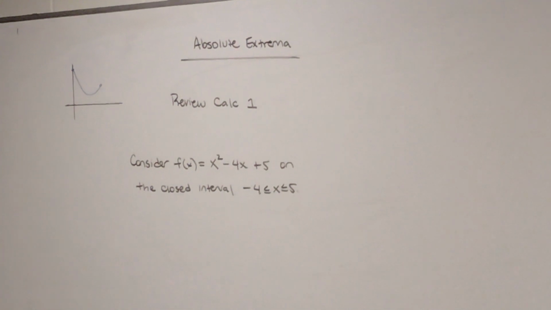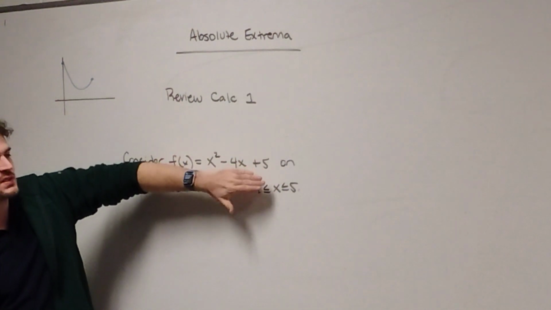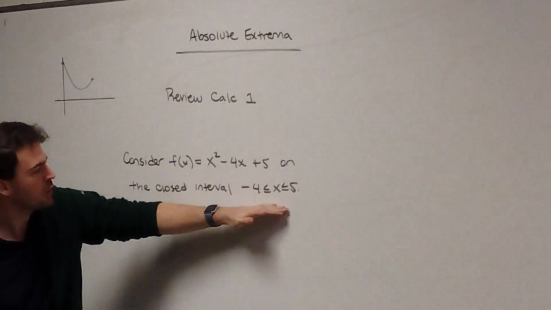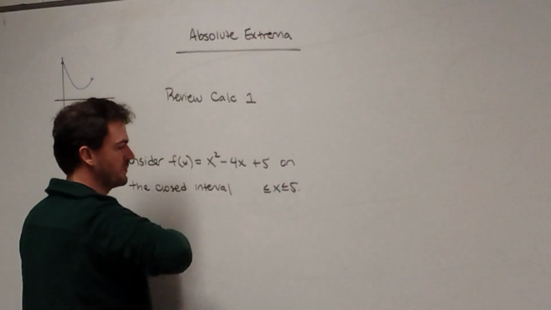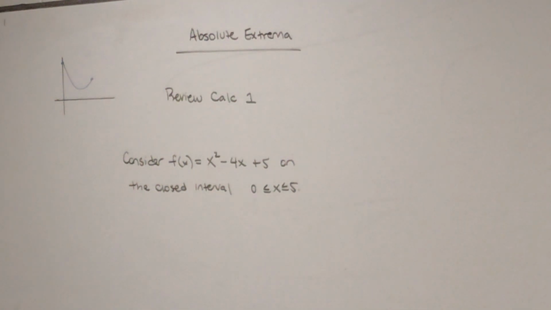So it says, consider some function f of x. And now the only thing that makes this different than what we were doing last time is it says on the closed interval from 0, we'll make it 0 to 3.